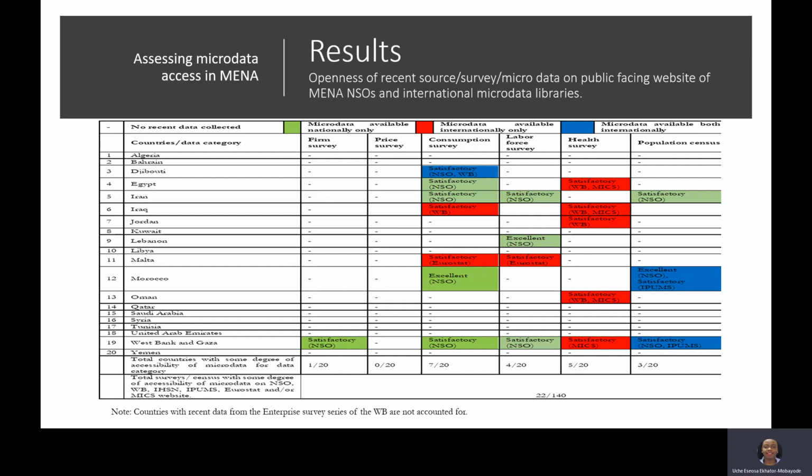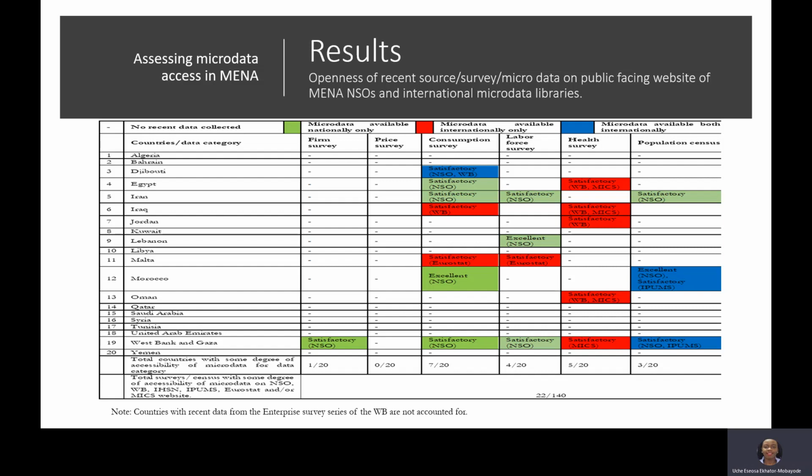We look at DHS data, MICS data, which is the Multiple Indicator Cluster Surveys, and we also look at Eurostat. When we do that, the data accessibility for the 140 data sets that we look at improves. It goes from 14 to 22, so there's about a 50% increase in the data sets that are available.